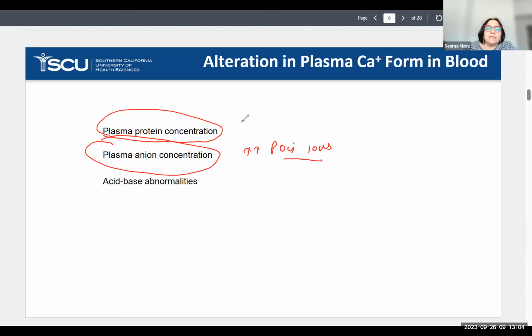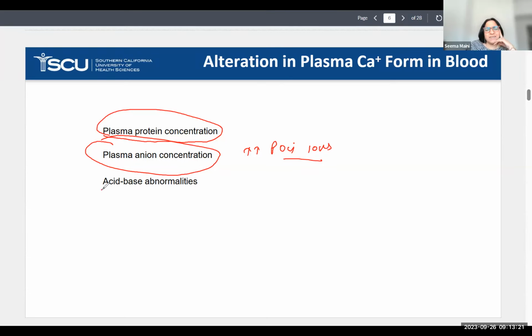Anytime there is more plasma protein concentration, there is going to be deficiency of free calcium ions. So calcium ions in the blood are affected by plasma protein concentration and plasma anion concentration.